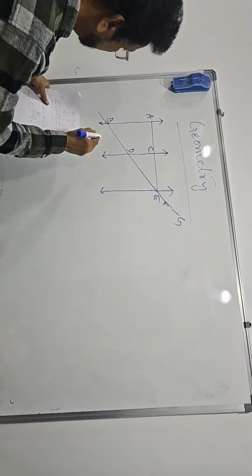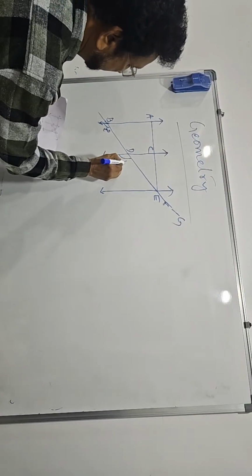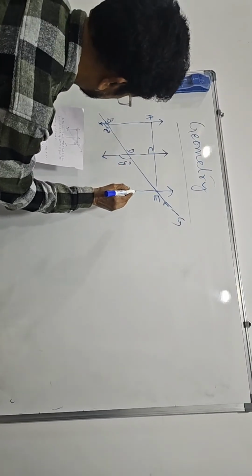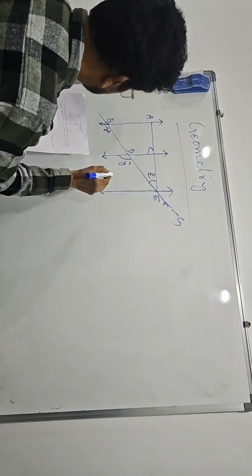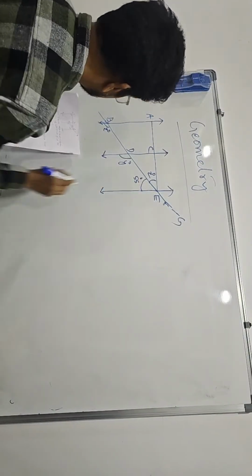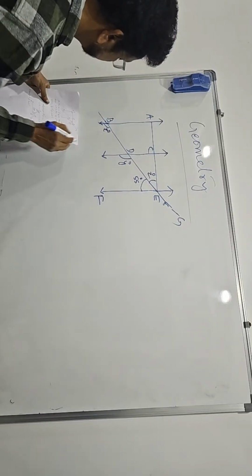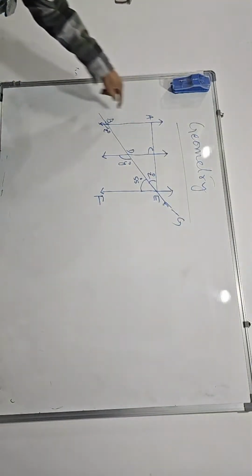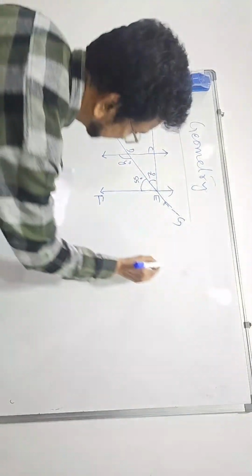Now, find the values of this x degree, y degree, and this z degree. What is given to us? This angle is given 55 degree. Remaining we have to find out. See, AB is parallel to CD is parallel to EF. This is given to us.